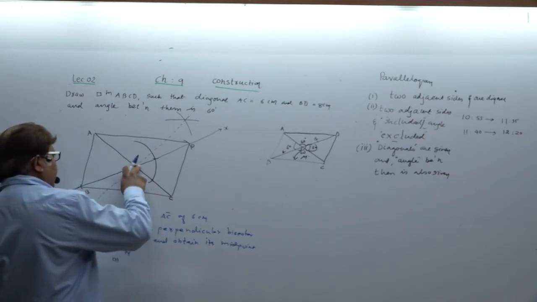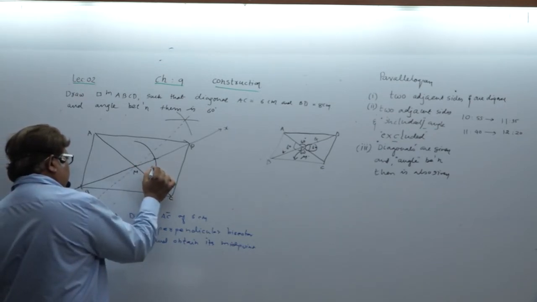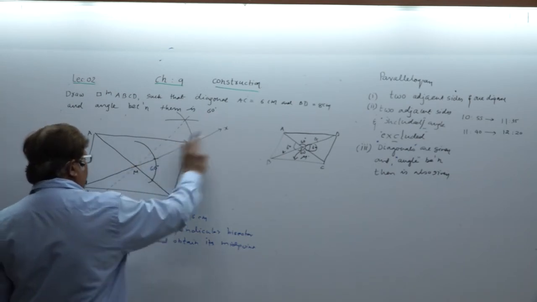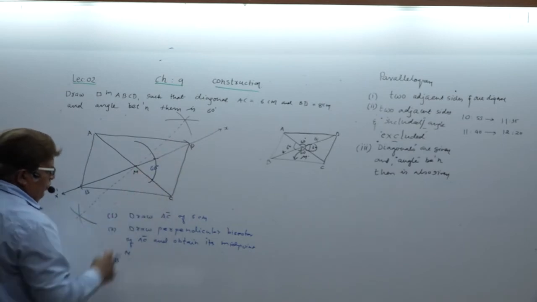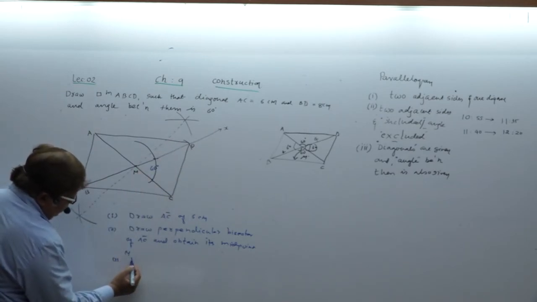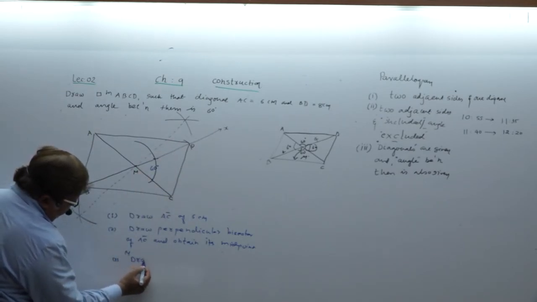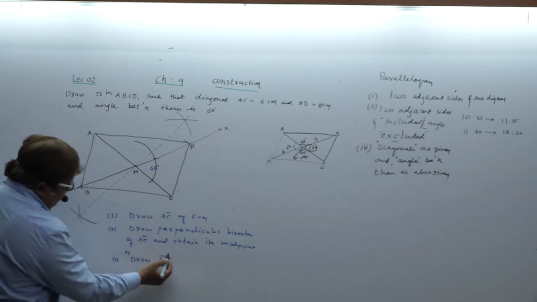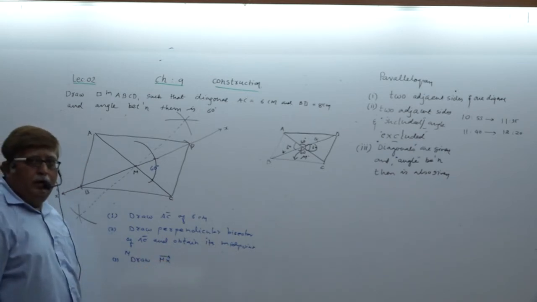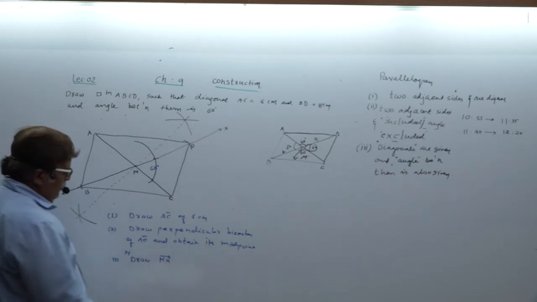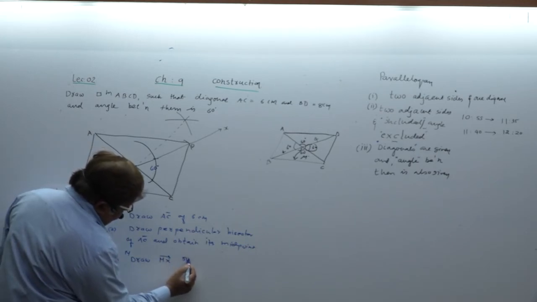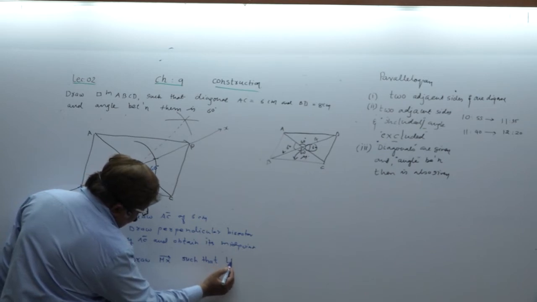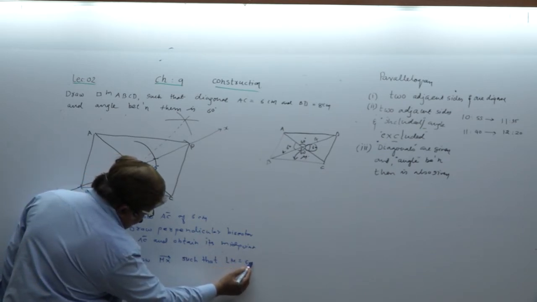Then, dear student, you have taken this angle as 60 degrees and for that you have constructed ray MX. So your third step: draw ray MX such that angle M equals 60 degrees.